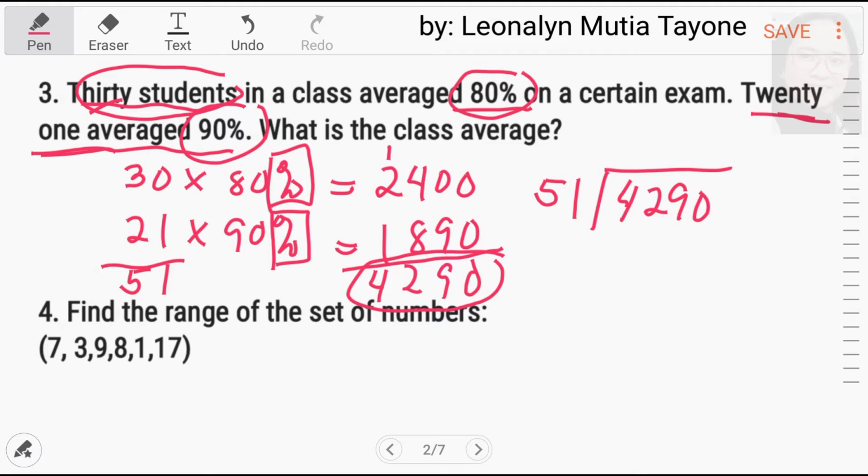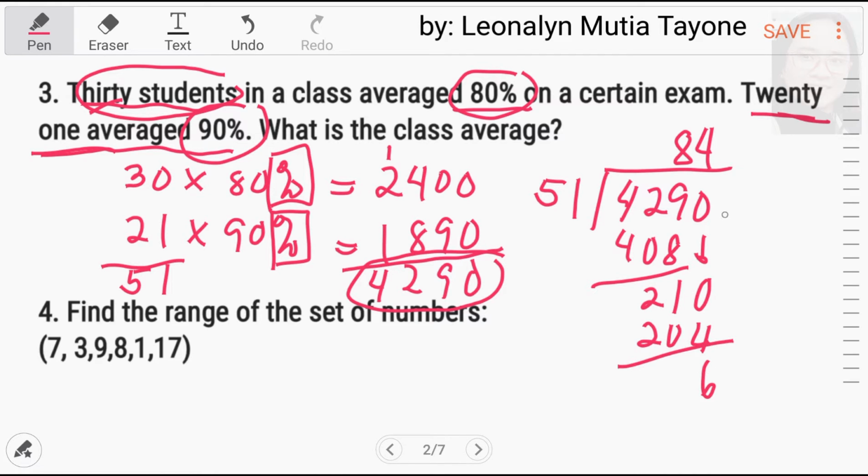So, meron tayong separate video on how to divide integers or yung paisa-isang pag-divide nito. So, paspasan lang natin. Tapos, magdagdag ka ng decimal dito. Yung decimal, i-align mo lang sa taas, dagdag ka pa ng isang 0. So, this is 61.